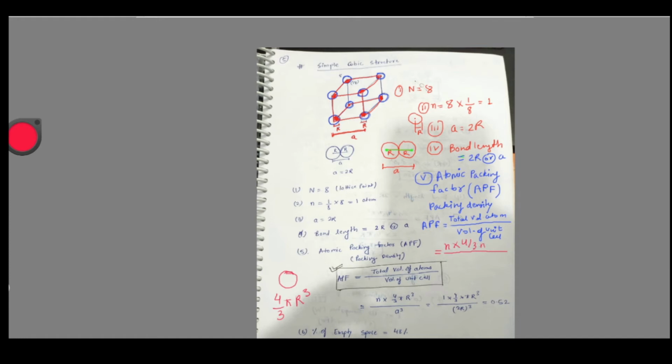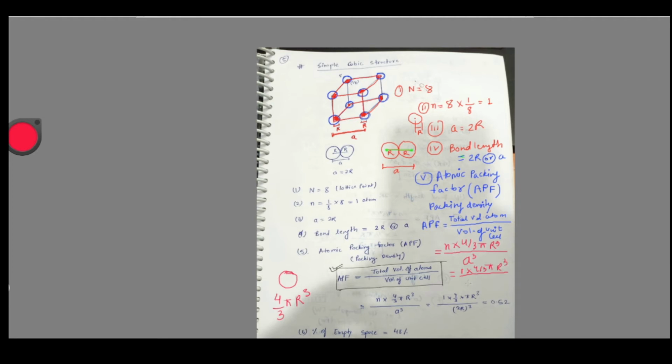And the volume of the unit cell is A cube, as it is a cubic structure. Now we'll substitute the values. The effective number of atoms in the simple cubic structure, small n, is 1, and 4/3 pi r cube, so leave it as r cube.